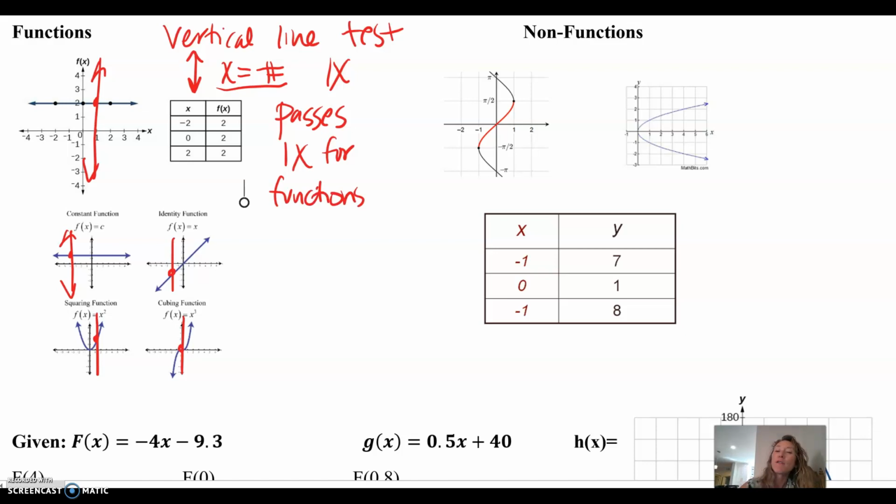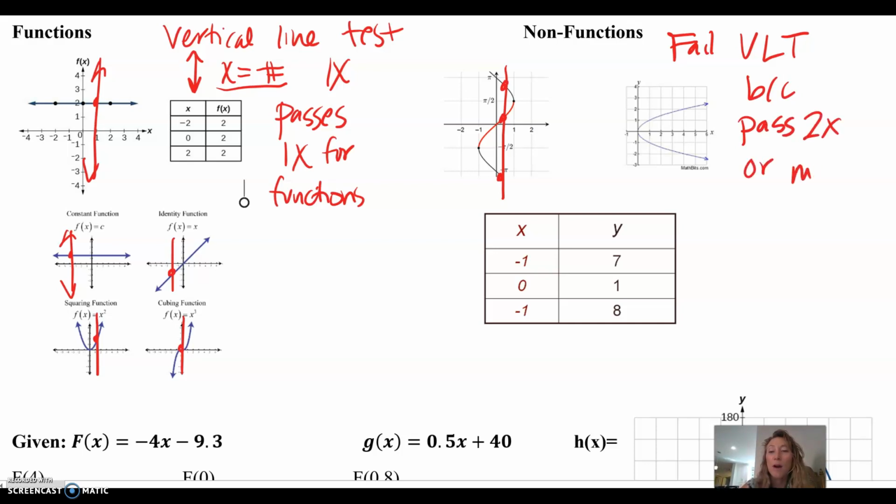What about non-functions? I can take my vertical line, and here it passes 1, 2, 3 times. Non-functions fail the vertical line test because they pass 2 times or more.